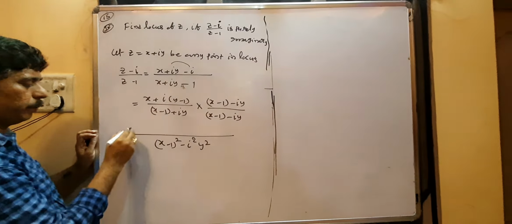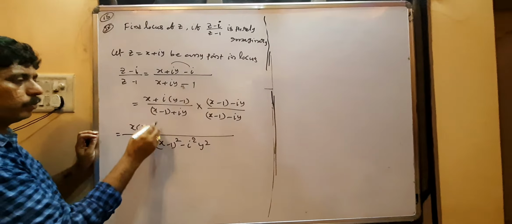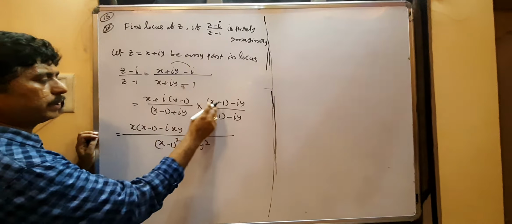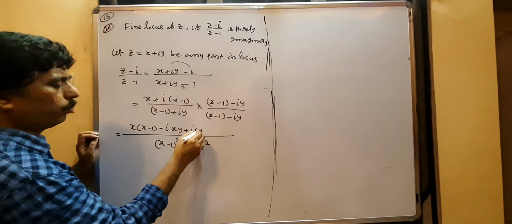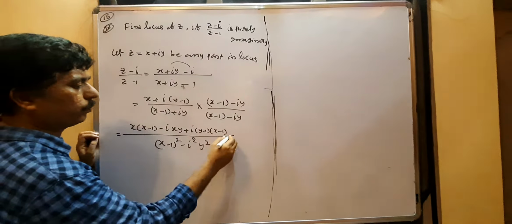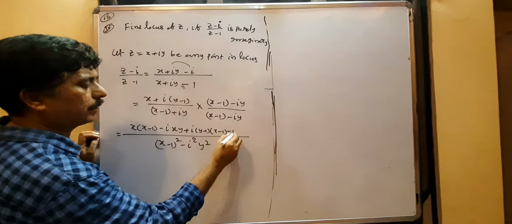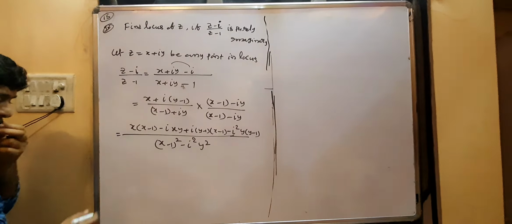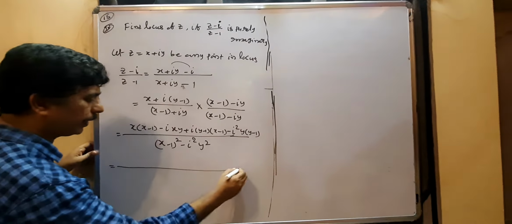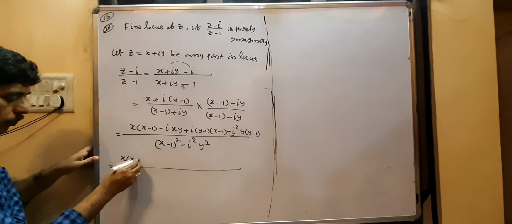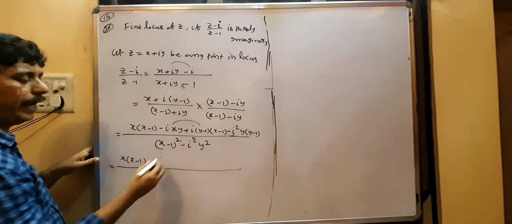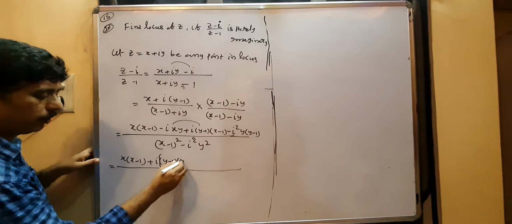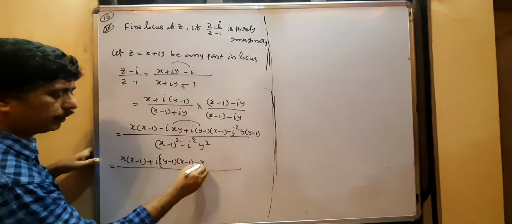Numerator: x into (x minus 1), plus x into minus iy, plus i(y minus 1) into (x minus 1), plus minus i square y into (y minus 1). The real part you can write together, that is x into (x minus 1). From these two terms, i common, (y minus 1) into (x minus 1) minus xy.